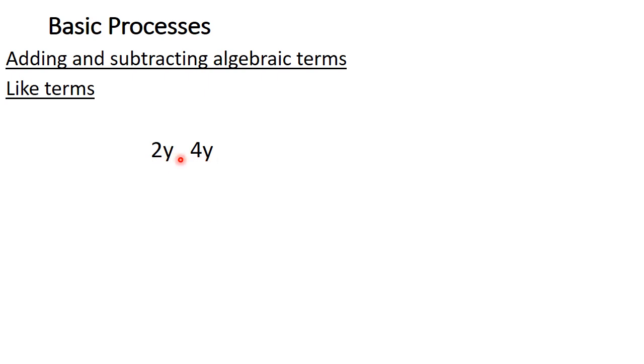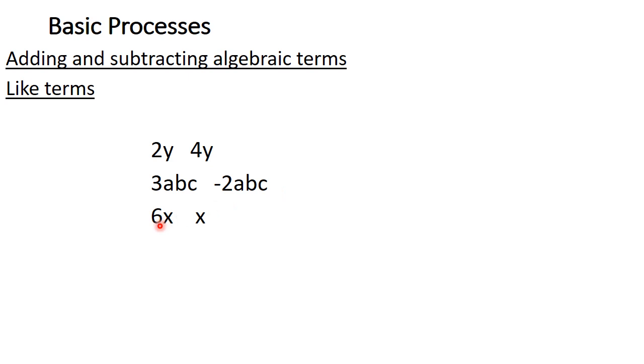So these two are like terms. Another example of like terms is 3abc minus 2abc. Here a, b, c are variables, and here we have a, b, c as variables. The coefficients are different, but the variables are the same. So these are like terms.